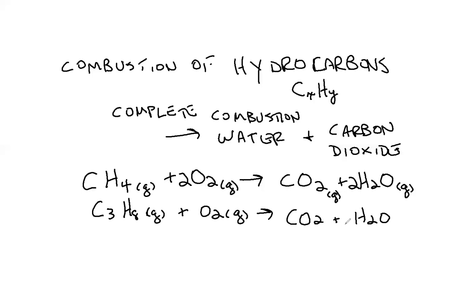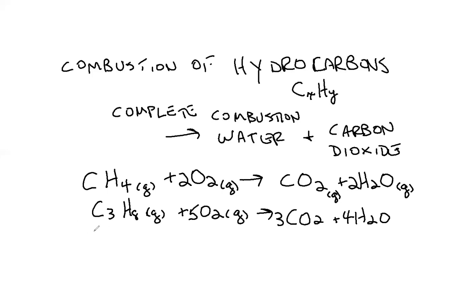So always remember these 2 products for combustion of hydrocarbons. Balance, 3 carbons, we need 3 carbons, 8 hydrogens, we need 8 hydrogens. Then on this side, count the oxygens, we have 4 plus 6, which is 10. So we need a 5 here to give 10.